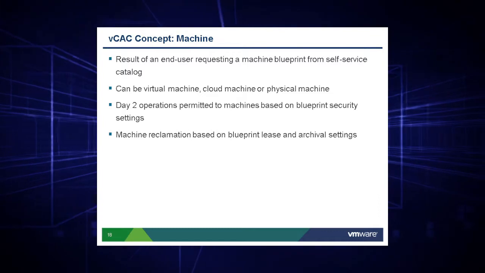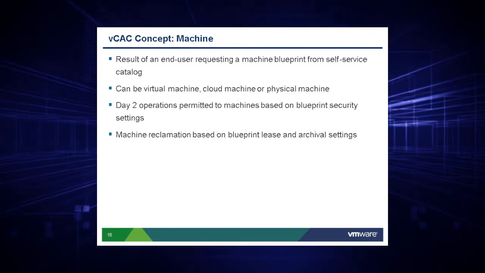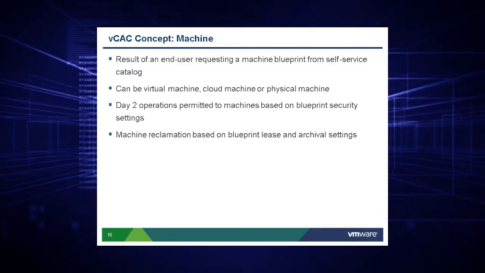The concept of a machine is the result of what an end user would request. You'd go in and say, I want to deploy this blueprint. The end result of that is the deployment of machines, whether they are virtual or physical, or even cloud-based virtual machines, depending on the kind of endpoints that are available within VCAC.